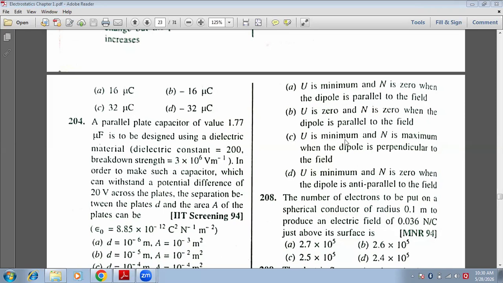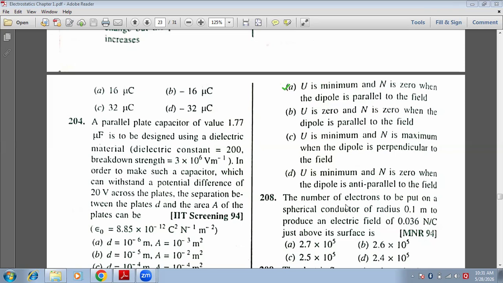Option C, U is minimum and N is maximum when the dipole is perpendicular to the field. Option D, U is minimum and N is 0 when the dipole is anti-parallel to the field. Correct answer, option A. U is minimum and N is 0 when the dipole is parallel to the field.